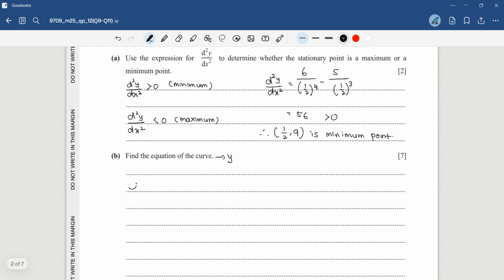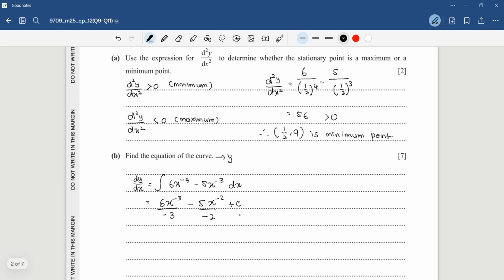When you integrate for the first time, dy/dx is equivalent to the integral of 6x^-4 minus 5x^-3 dx. It's going to be 6x^-3 over negative 3 minus 5x^-2 over negative 2 plus c.